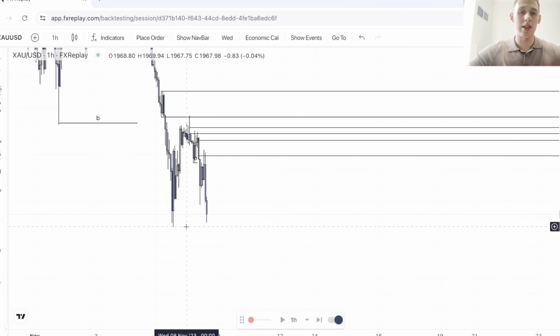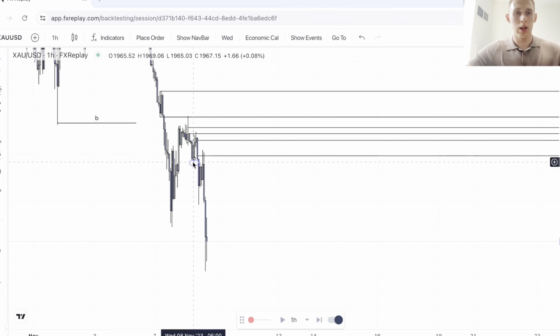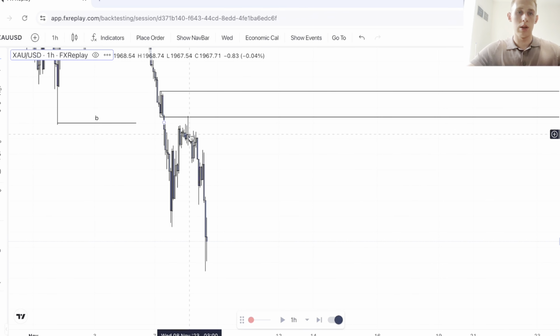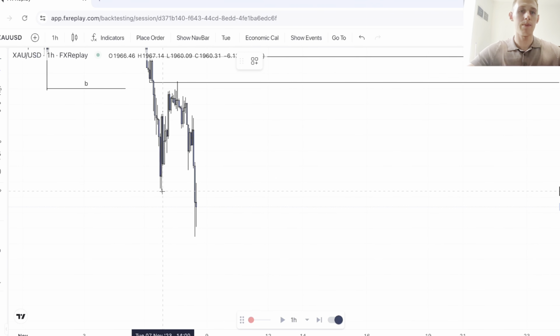We're expecting it to take this low now. There we go. Going to keep on the main mitigation just there of that hourly supply.